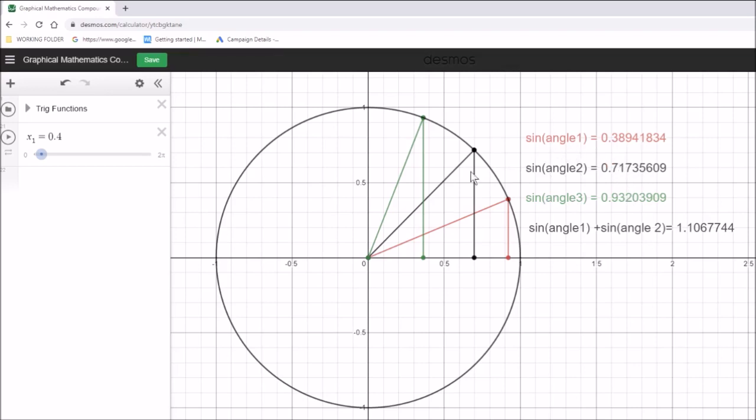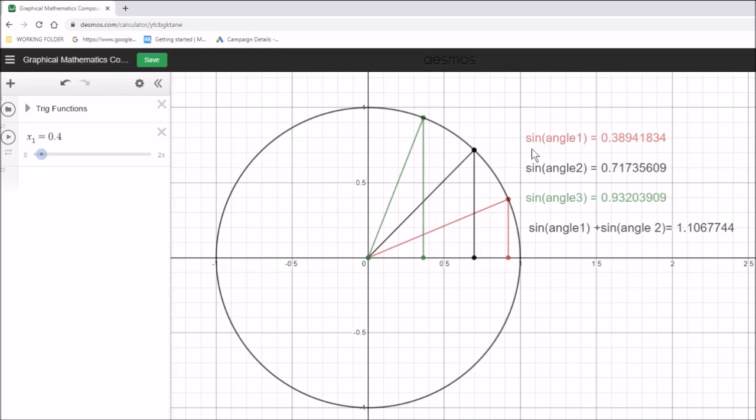So in effect, if the radius of the circle is 1, then the sine of this angle here is simply going to be this height, and the sine of this angle here is simply going to be this height, and the sine of this angle will be this height here.